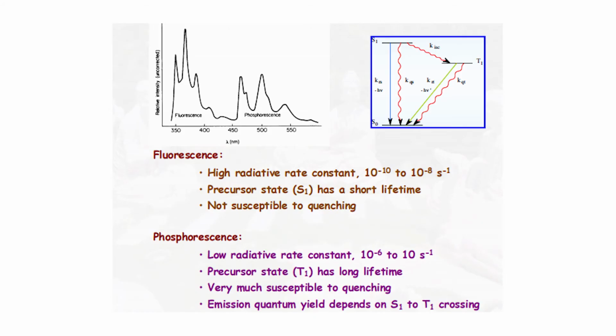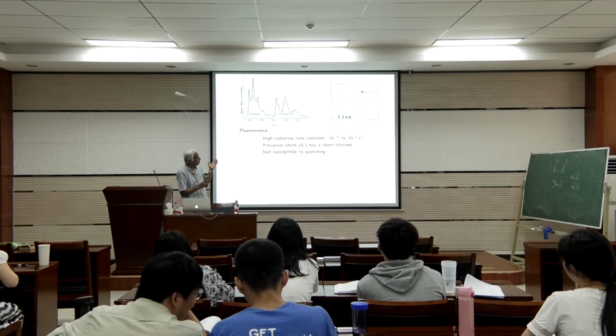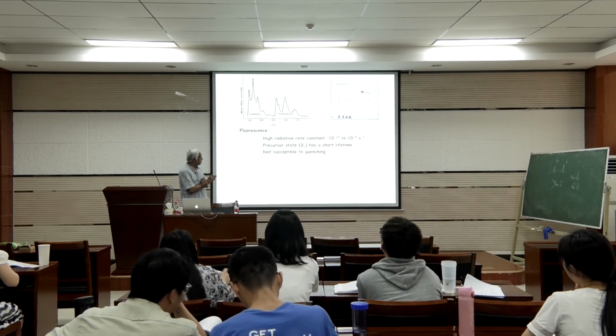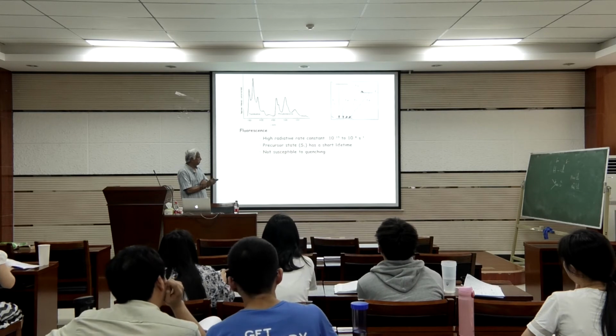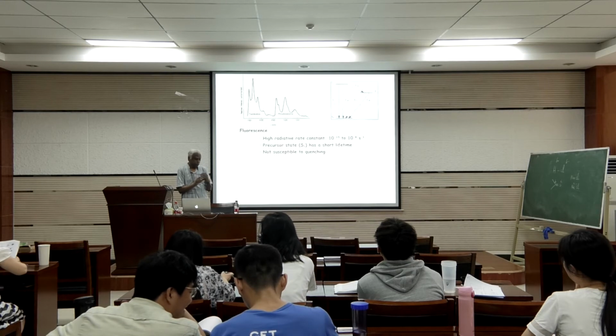Okay, you remember these things? So there are two things. If you put a molecule, this is our standard picture, S0, S1, T1, and then the fluorescence, radiationless, intersystem crossing, phosphorescence, and then radiationless. So fluorescence has a shorter lifetime, and it is not supposed to quench.